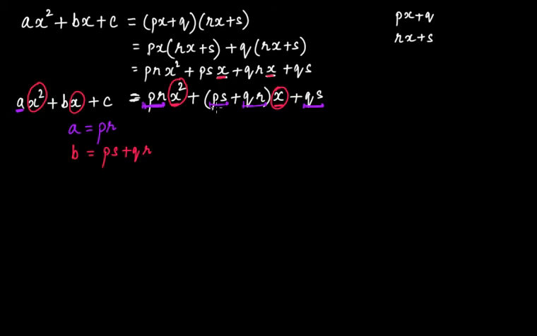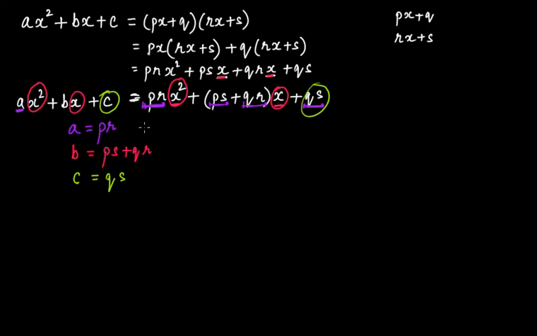We discussed ps is a certain number, qr is a certain number, right? It means that this b can be split into addition of two numbers, that is ps plus qr. Remember this thing. Next, this constant term and this constant term, these two will have to be equal, right? It means that c is equal to qs.